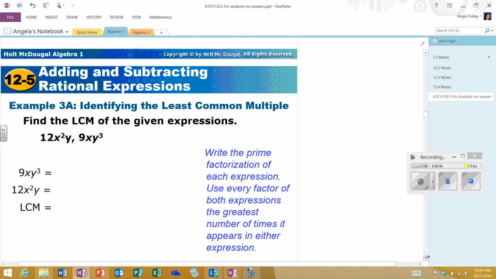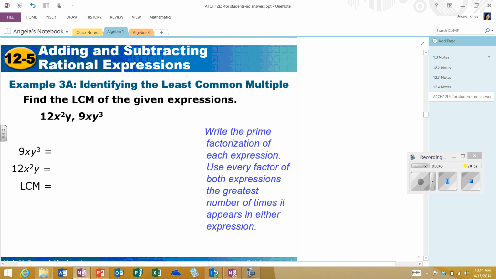So let me show you here. Doing this the long way, if we were to write out the prime factorization, I would have 3 times x times y times y times y. And then down here, I would have 2 times 3, and then times x times y.